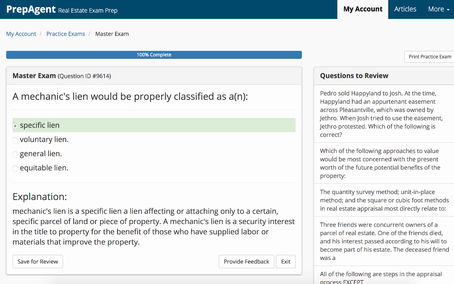Well, foreclosure is the action taken on your property when you don't pay your property taxes or your loan. So that's a specific lien. The foreclosure is not the lien; it's what's done when you don't pay it. An example of a general lien would be income tax, or if you lose a judgment in court.